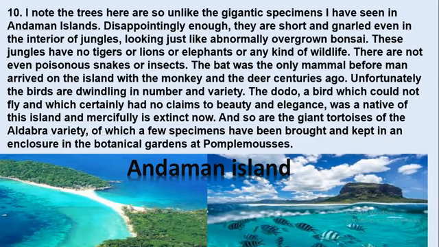This is a species of giant, big tortoise which is found here, the name is Aldabra, of which a few specimens have been bought and kept in an enclosure in the botanical gardens of Pamplemousses. So the few specimens of tortoise which are left have been kept in the botanical gardens here, so that they are safe and the tourists can have a look and learn about it.